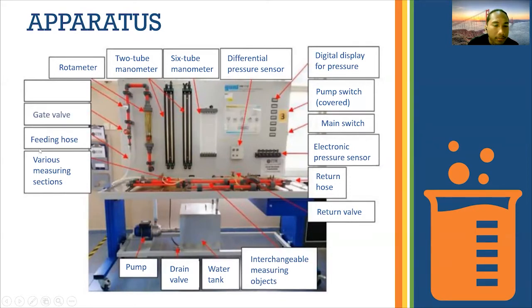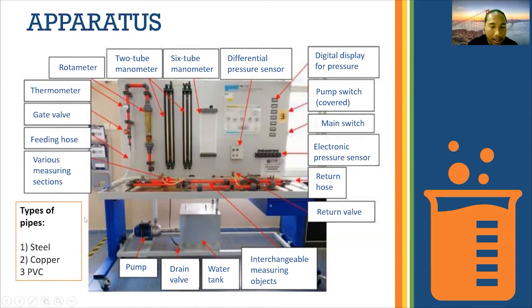Number 17, gate valve. Number 18, thermometer. And the last one, the variable types: we are dividing into three variables for this experiment. The type of pipe, the first one is steel, then copper, and the PVC.